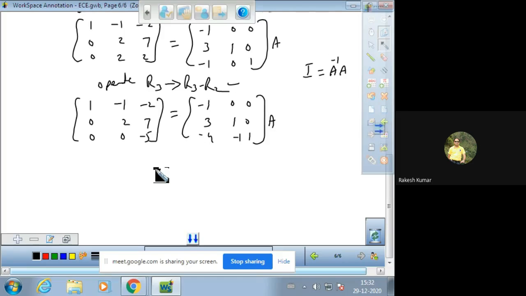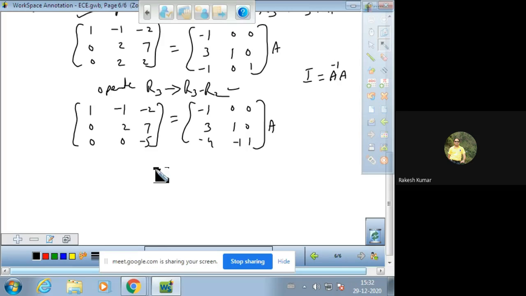Now because we want to convert this matrix to I matrix, and in the I matrix the diagonal element should be 1. For making the diagonal element 1, this is already 1, but this is 2 here, and this is minus 5 here. So for making it 1, you will divide.